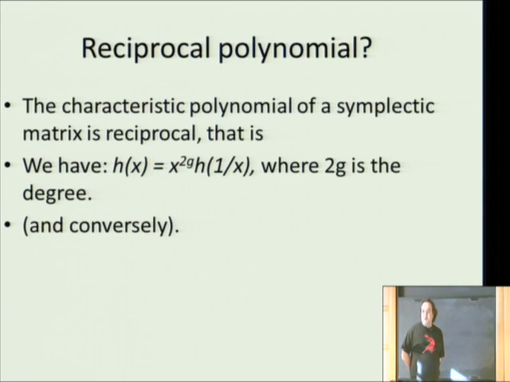In other words, the coefficients are the same read left to right or right to left. In fact, it is a surprisingly recent result. I couldn't find an early proof of this fact that every reciprocal polynomial is the characteristic polynomial of a symplectic matrix. It should have been known to Sylvester or somebody.